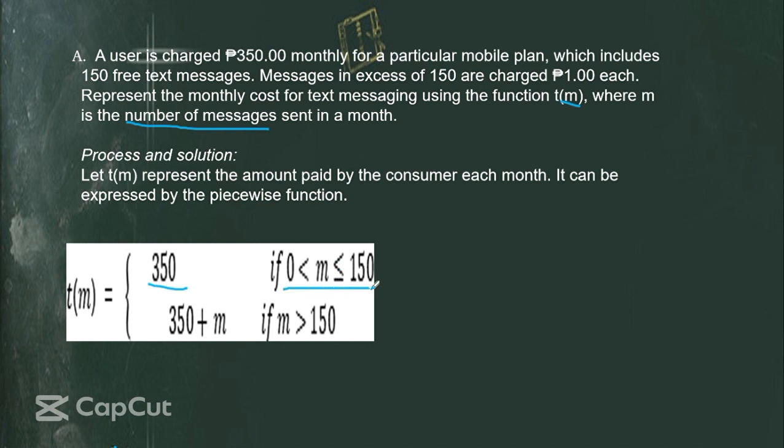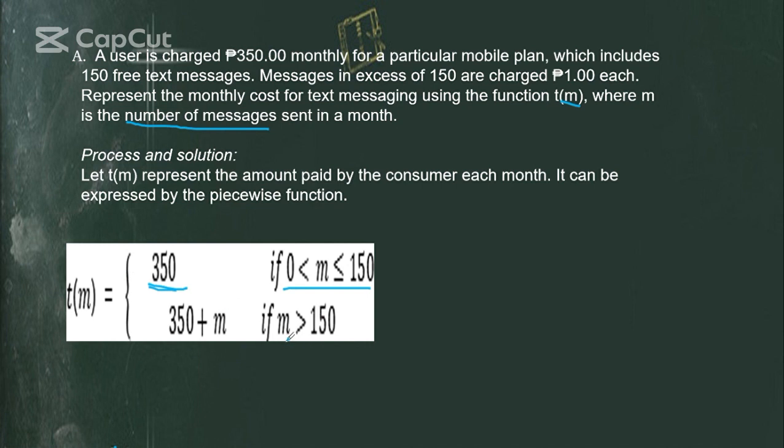Exactly 150 or less. So what you pay in a month is 350. It is the first formula to be used. Automatic, you only pay 350. If only 20 messages were used, automatically you pay 350.